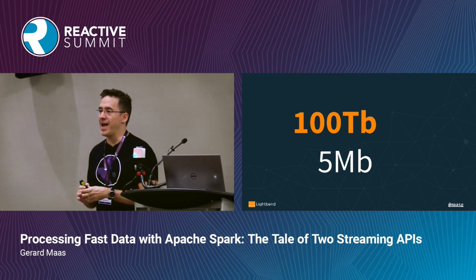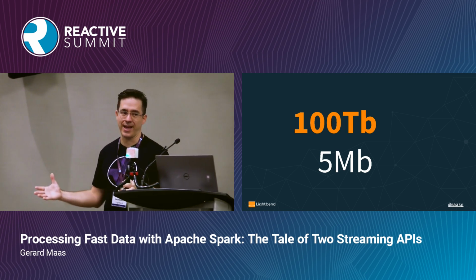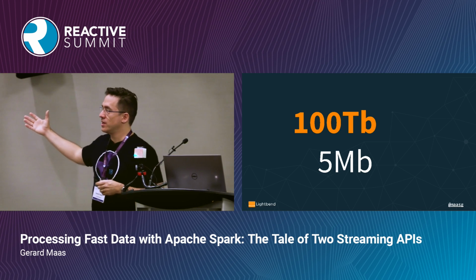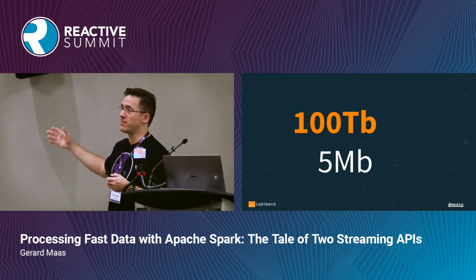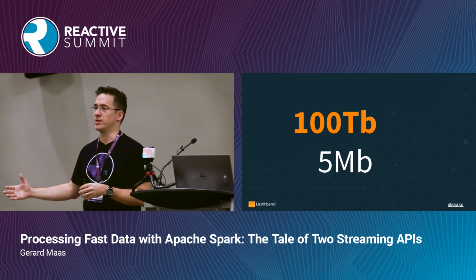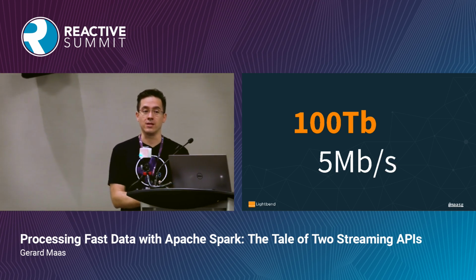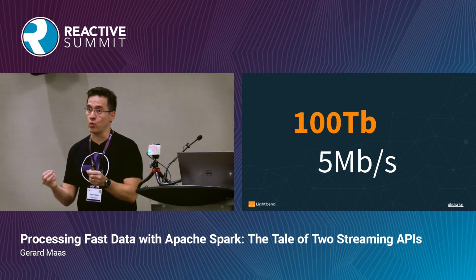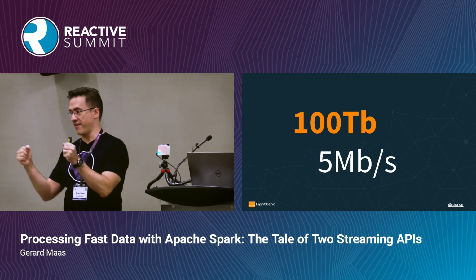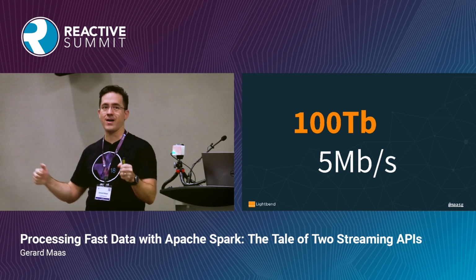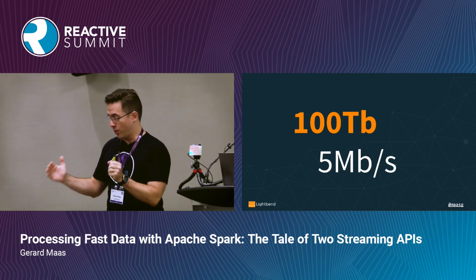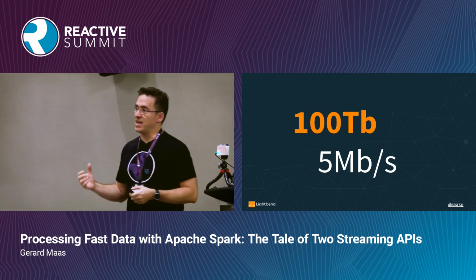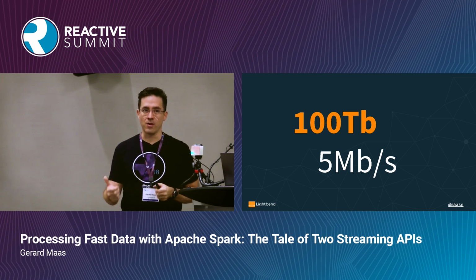But if we add that dimension of time to that picture, then it becomes clear those 5 megabytes will become 100 terabytes at some point in time. Do you want to wait until you have that 100 terabytes in hand before you act on the data, or do you want to take a look at each 5 megabyte portion, or 10 megabytes or 100 megabytes, at any point in time, and get some actionable insights from the data?